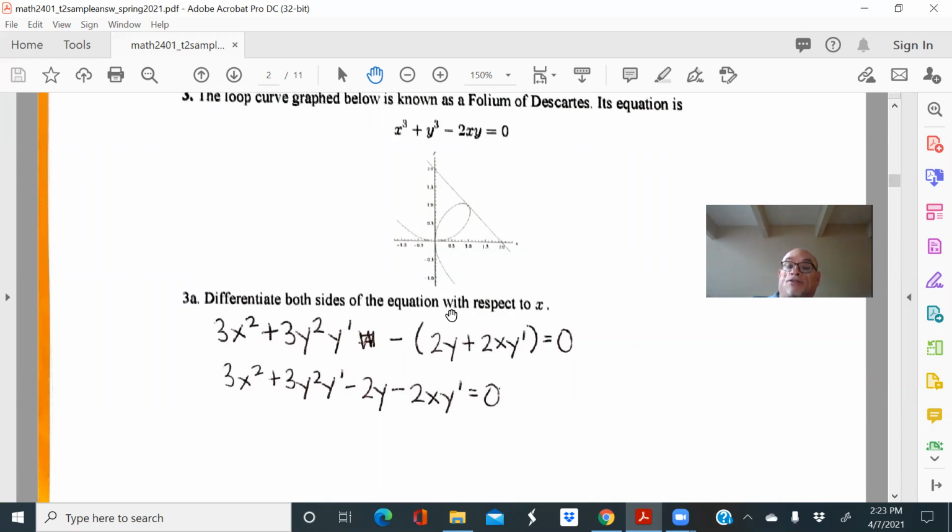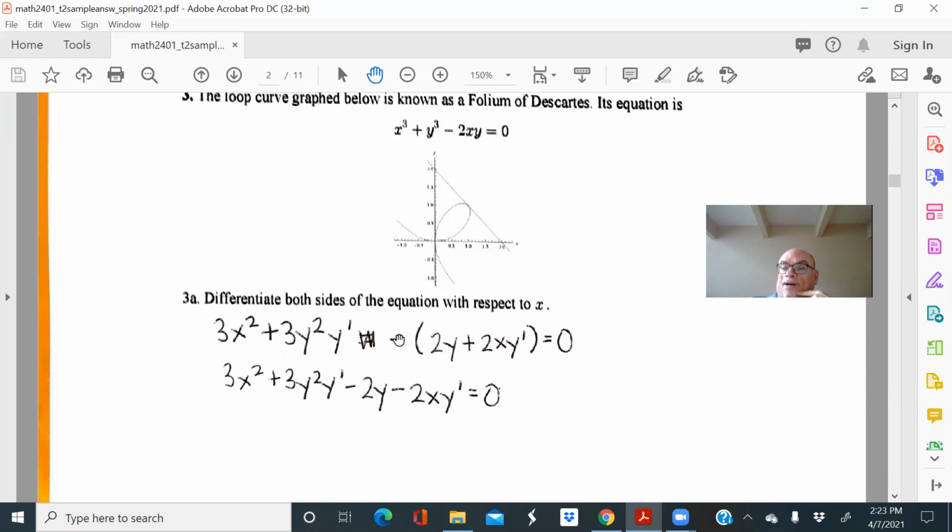So altogether, what is in the parentheses here is the derivative, using the product rule, of this last term, 2xy. Now, be careful about the sign. That's a tricky thing in this problem. This is minus this product.